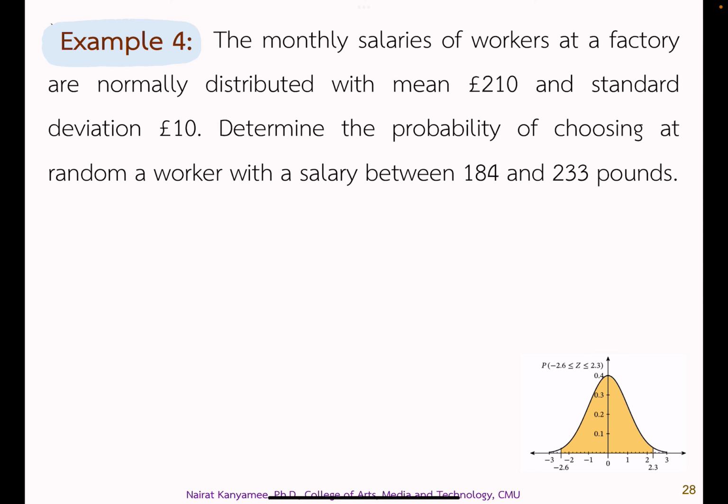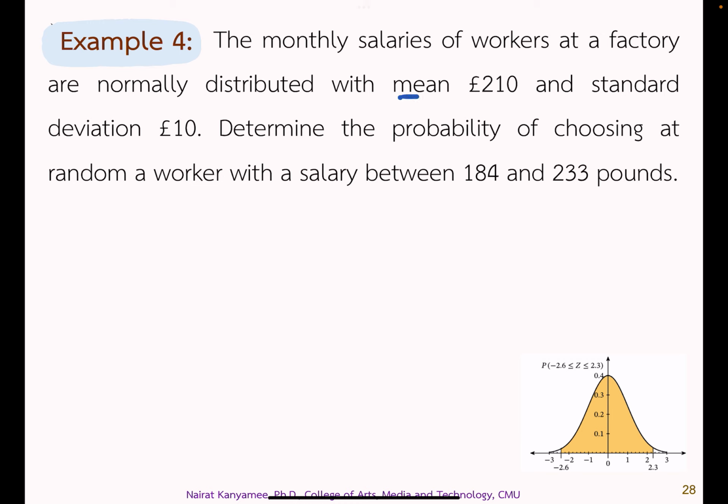Example 4. Okay, let's see. The monthly salaries of the workers at the factory are normally distributed with mean of 210 and standard deviation of 10 pounds. Okay, sterling pounds. This is the salary.